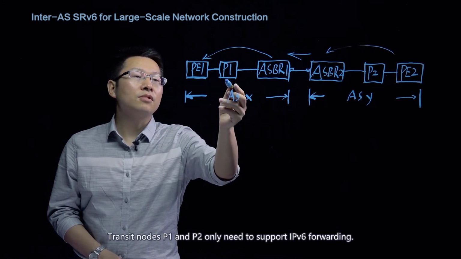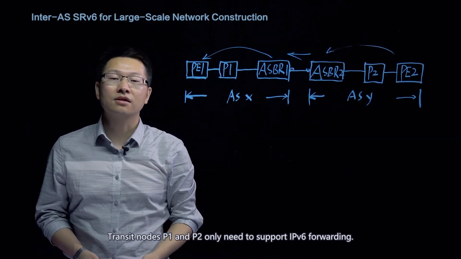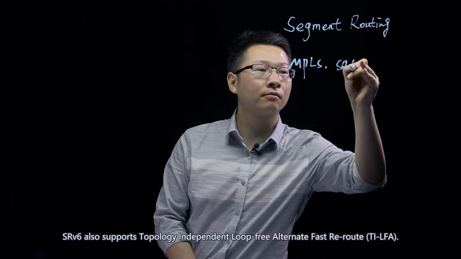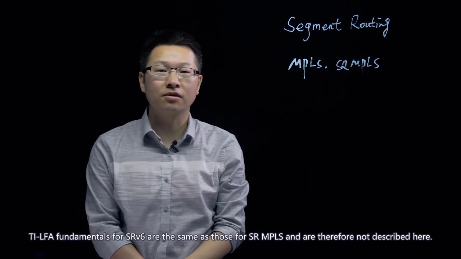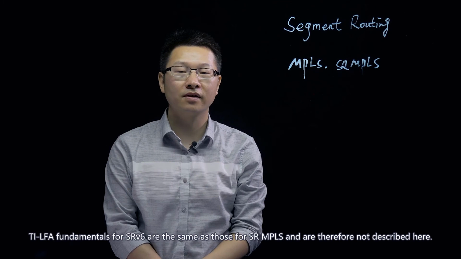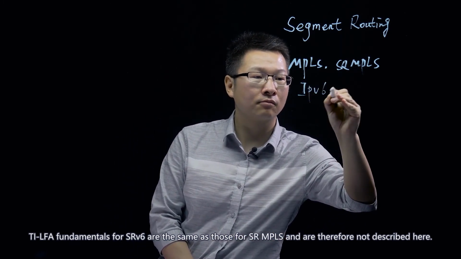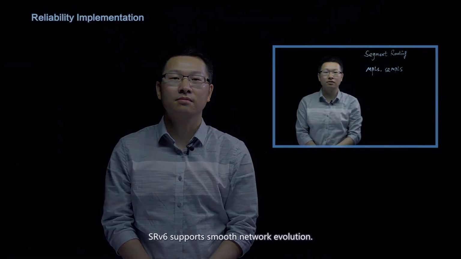Transit nodes P1 and P2 only need to support IPv6 forwarding. In terms of reliability, SRv6 also supports topology-independent loop-free alternate fast reroute, TI-LFA. TI-LFA fundamentals for SRv6 are the same as those for SR-MPLS and are therefore not described here.